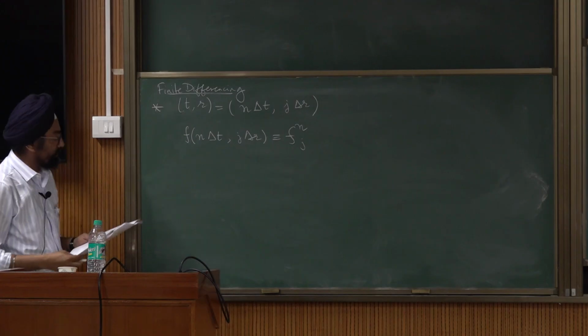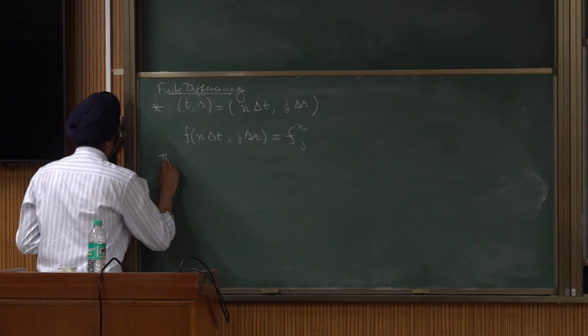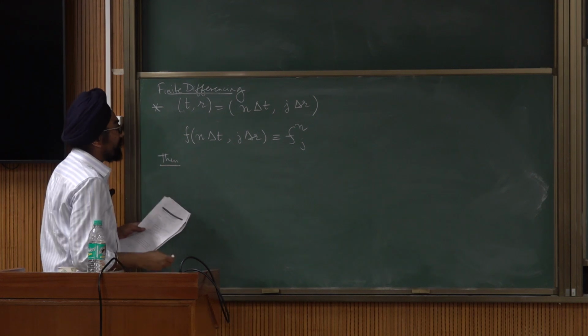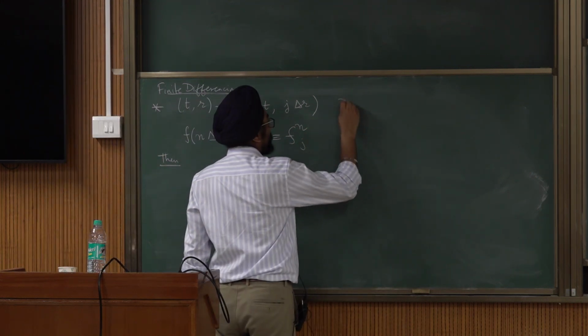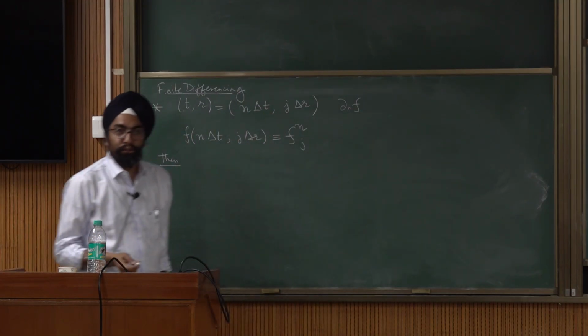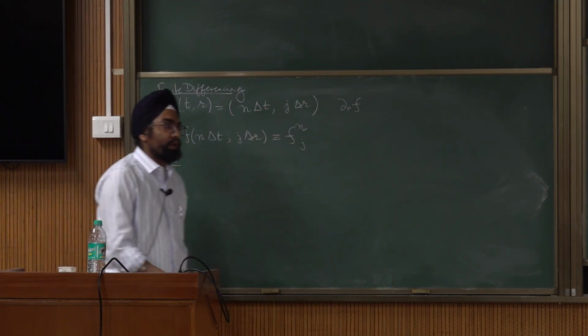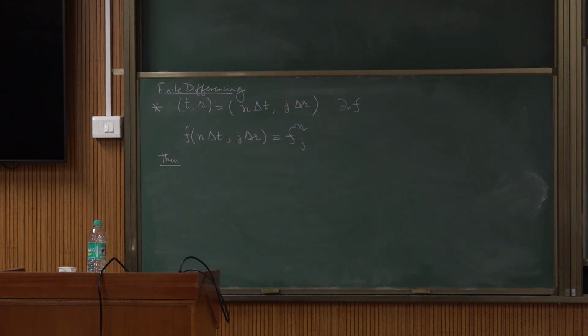So the notation is this. Then the derivatives of f with respect to r and with respect to t can be defined. There are different schemes available to do that. The simplest one: you have a grid and some function defined on it.